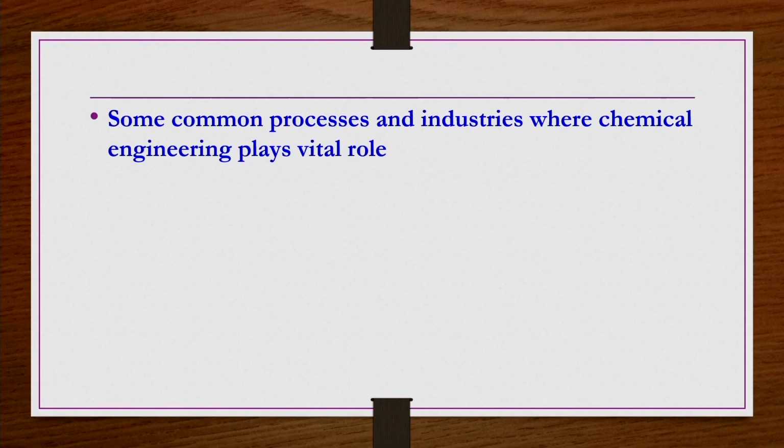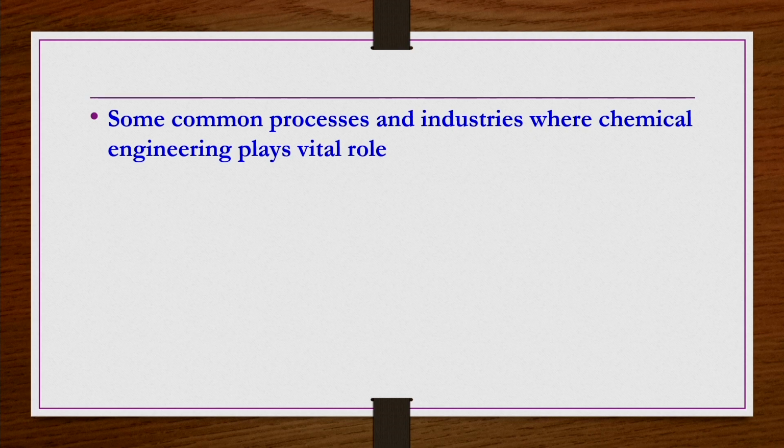As I mentioned, the principles of chemical engineering are important not only to chemical plants but also to other material processing industries. Many chemical engineering principles and applications are very important in other processing industries in addition to purely chemical plants.